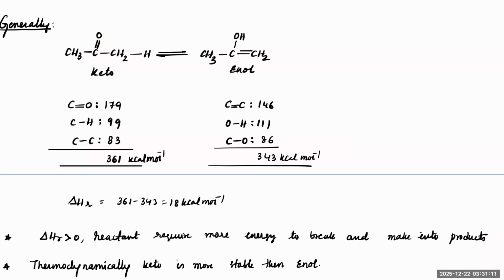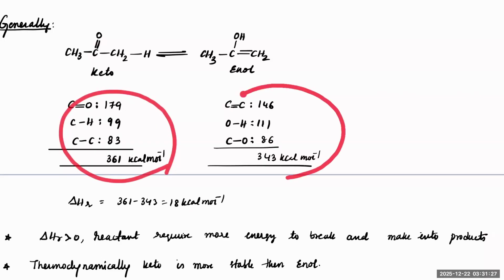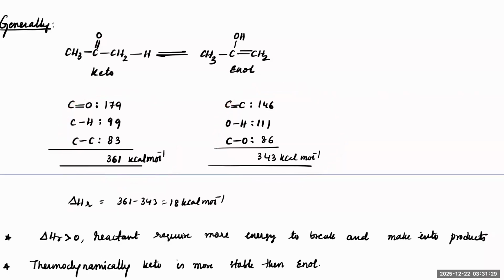And what are we trying to make? We are trying to make one OH bond, one CC double bond, and one CO single bond. Okay. So imagine as if you're breaking all these bonds and you're making all these bonds. While making, this much energy is released, but for breaking, this much energy is required. What do we notice?